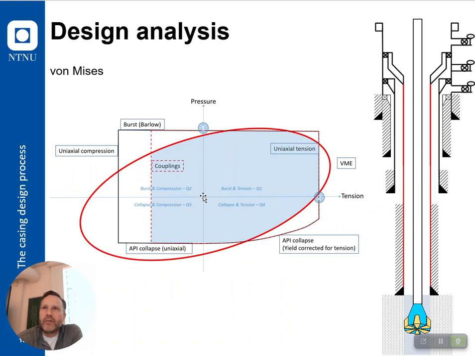In the center here, it's one place in the pipe called a neutral point. You don't have any actual stress, and you don't have any dominant burst or collapse forces. It's the neutral point in your pipe. On this side, compression. On this side, burst would be dominant. In the lower half, collapse would be dominant.